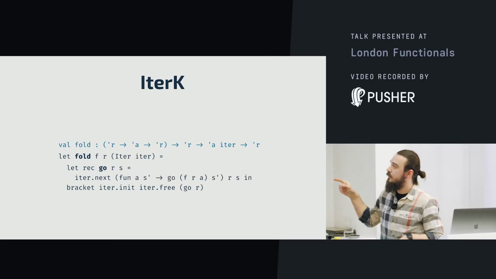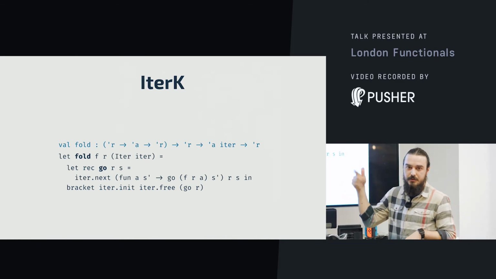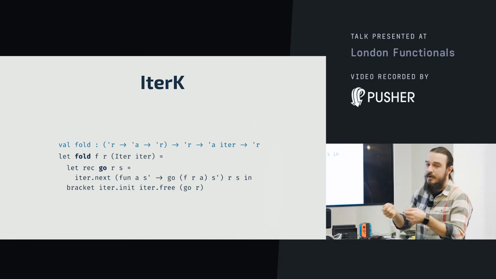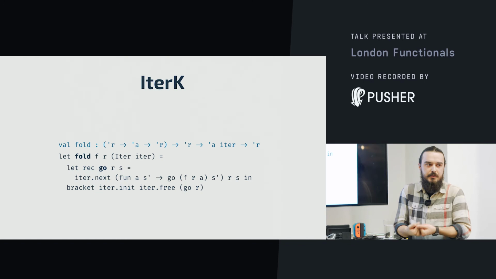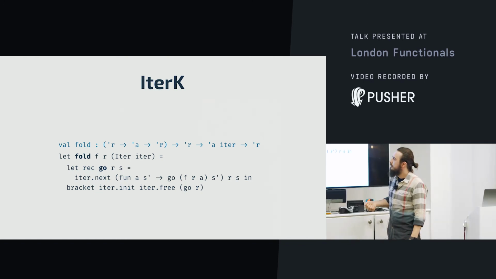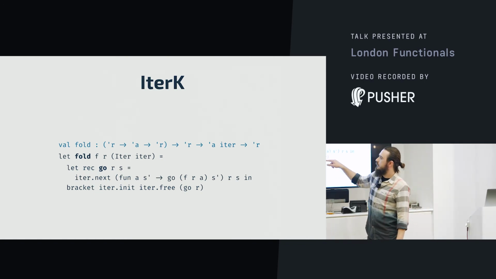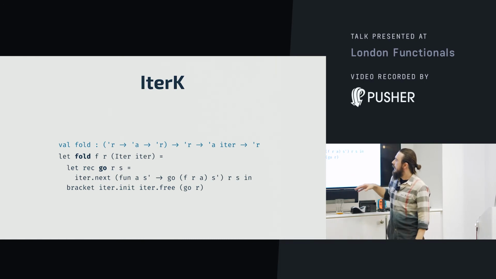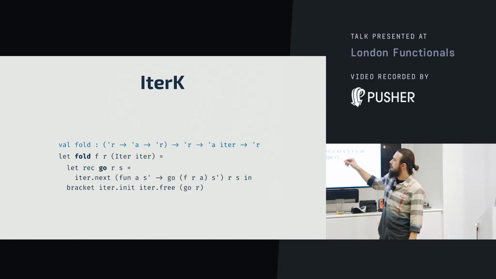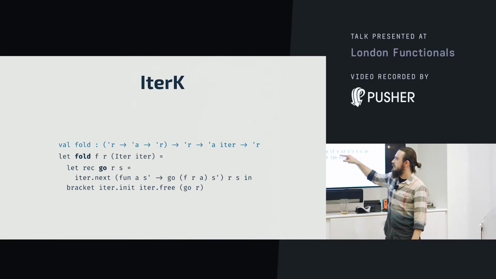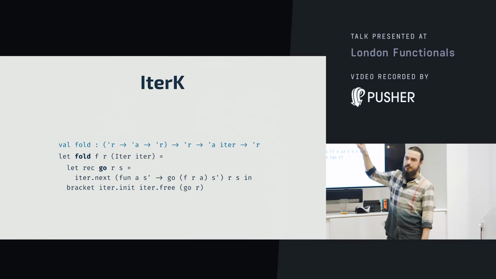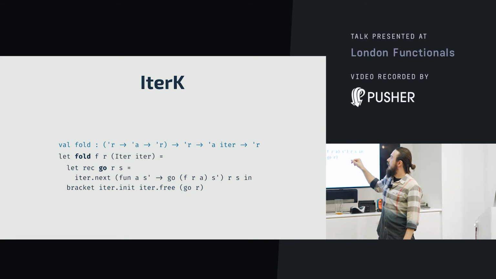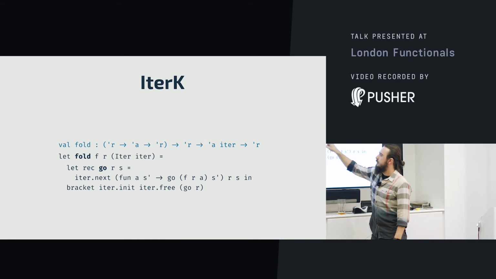OK, so fold. And fold is the one who actually drives the recursion. So it's still a pull-based model. Fold is in charge. Fold is a consumer. And it has this go function, which is recursive. We use bracket to make sure that we handle the resources correctly. And then finally, inside our stepping function, so that's the one that's going to be used by map, filter, and so on, we call go again with a new state.